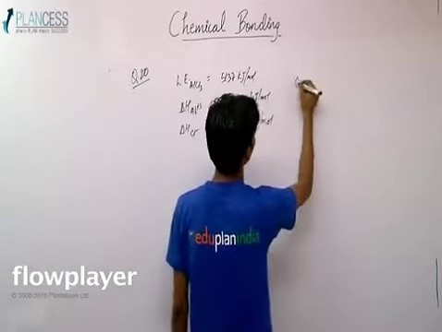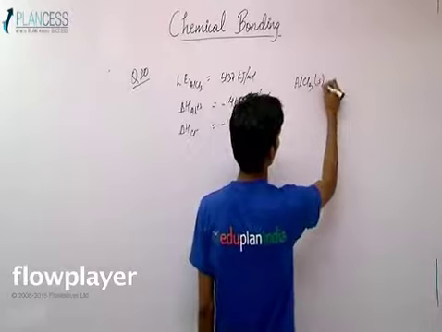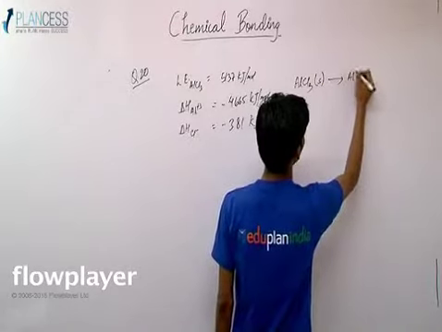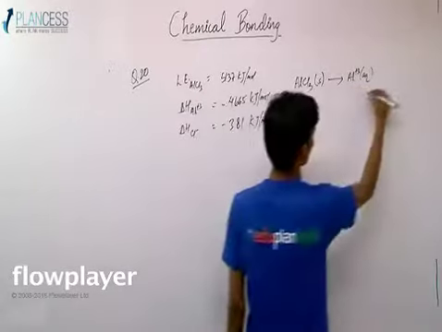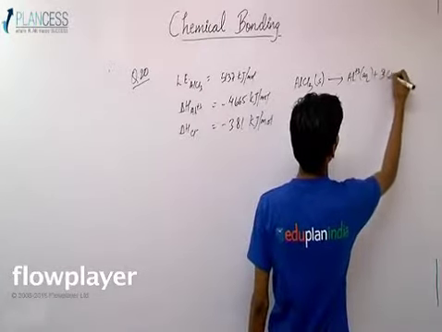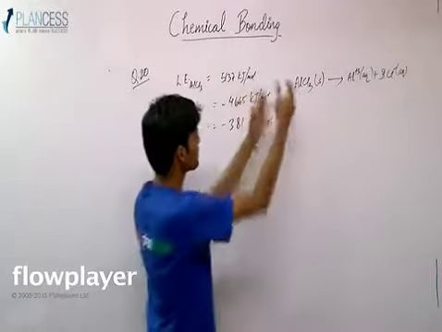The equation that we have to consider is AlCl3, which is in the solid form, has to go to Al+3 aqueous, that is in water because we are considering it in water, and then 3Cl- aqueous. So this is the complete reaction. So how does this proceed?